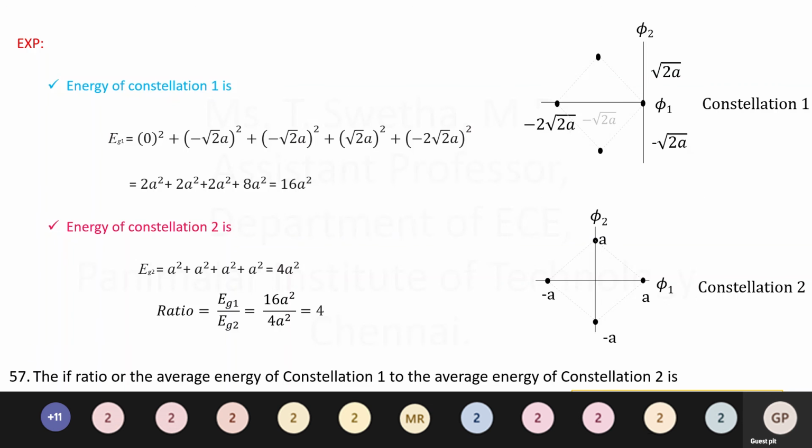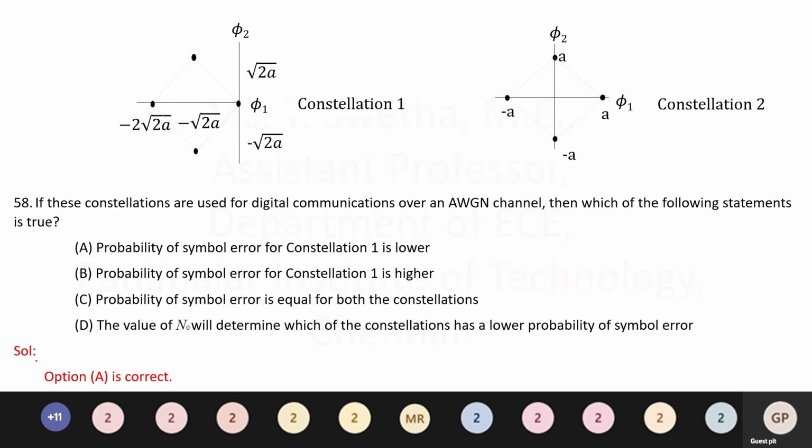So as you can see, as a continuity of that, it's a linked question, right? So 58th is, if these constellations are used for digital communication over AWGN channel, then which of the following statements are true? Okay, so first one is the probability.